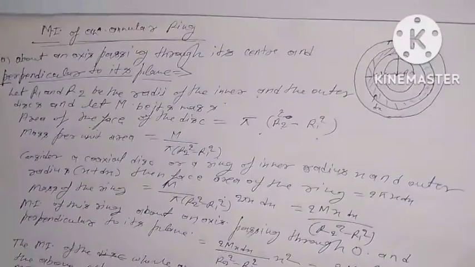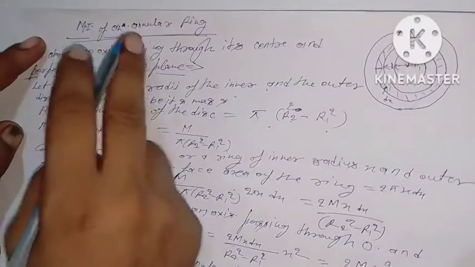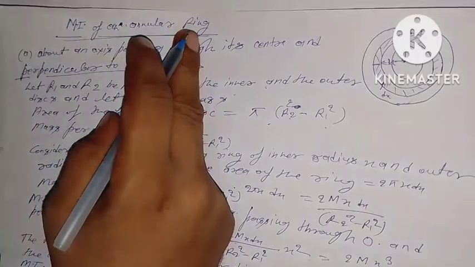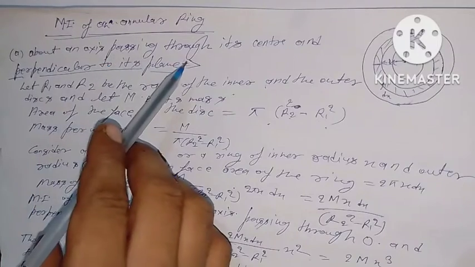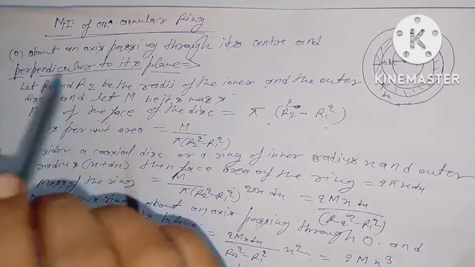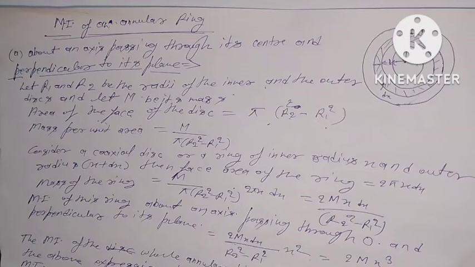You can also revise again the moment of inertia of an annular ring about an axis passing through its center and perpendicular to the plane. An annular ring or annular disc is an ordinary disc having a concentric circular hole in it.